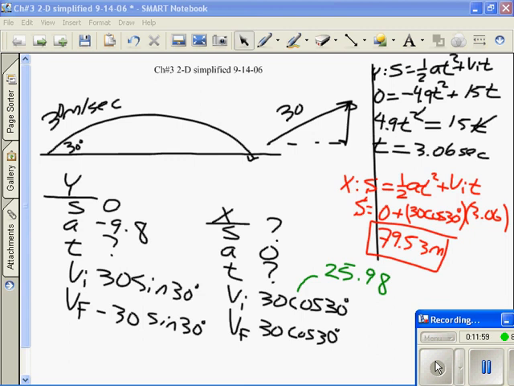You take a soccer ball, which is close to the size of a kid's head, it has a lot of air resistance on it. So it's going at like 65 miles an hour as soon as it leaves the foot, but after it's traveled a little ways, air resistance is going to slow it down quite a bit. So it's going at 25.98 meters per second sideways to start with, but after it's gone a short distance, it's slowed down quite a bit.